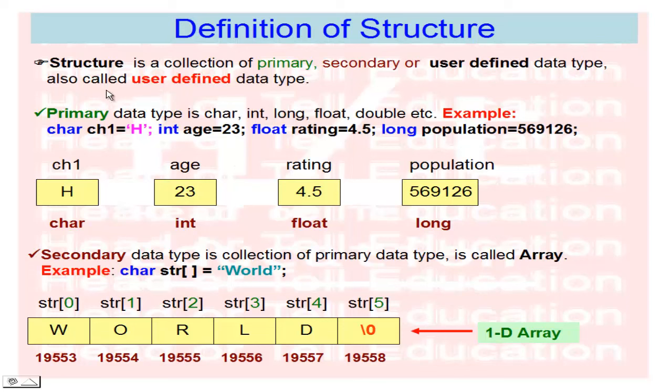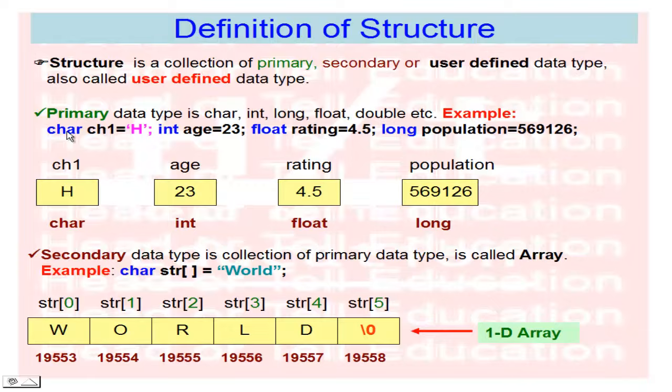So first we understand what is a structure. A structure is a collection of primary, secondary or user defined data types, also called a user defined data type.